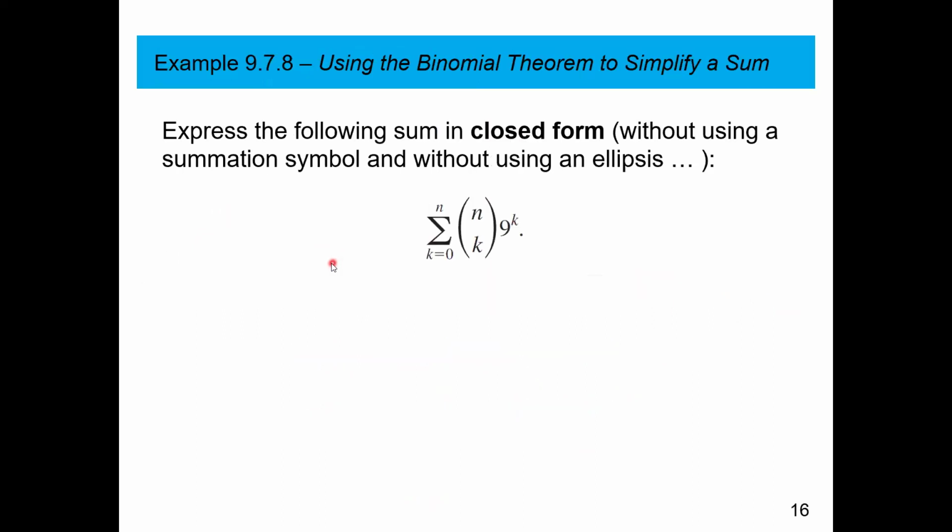All right, so let's find the value of this in closed form. Well, if you look at it, I could start writing this out, but this is going to be really, really annoying. I don't want to write this out as a bunch of sums.